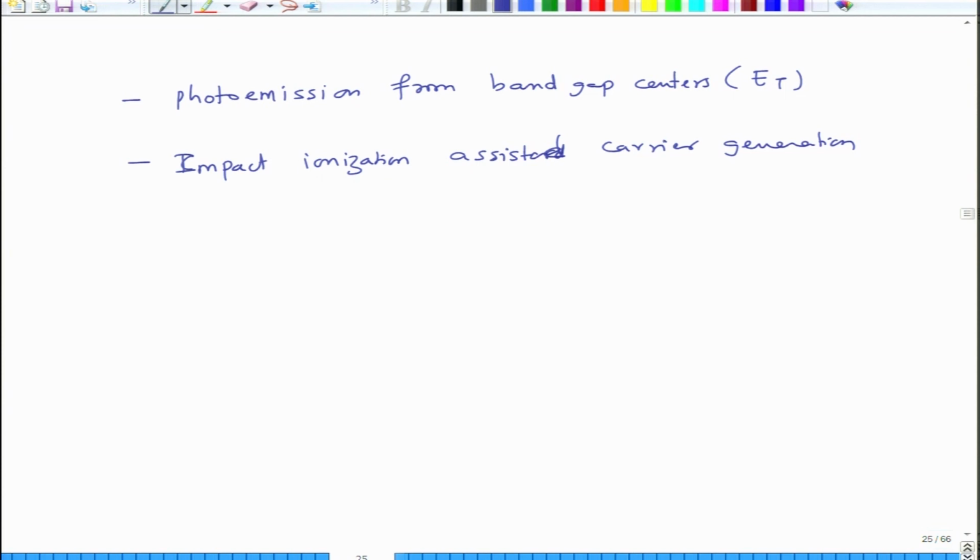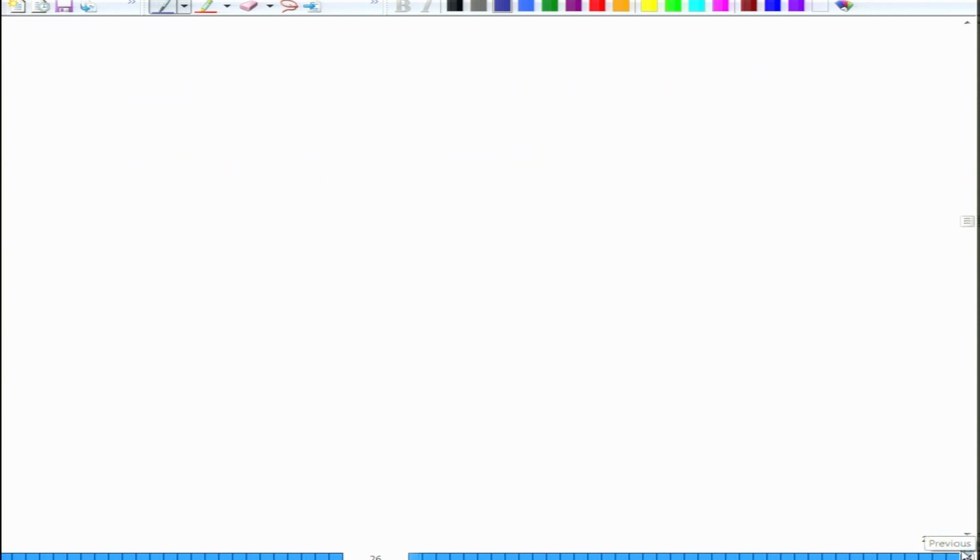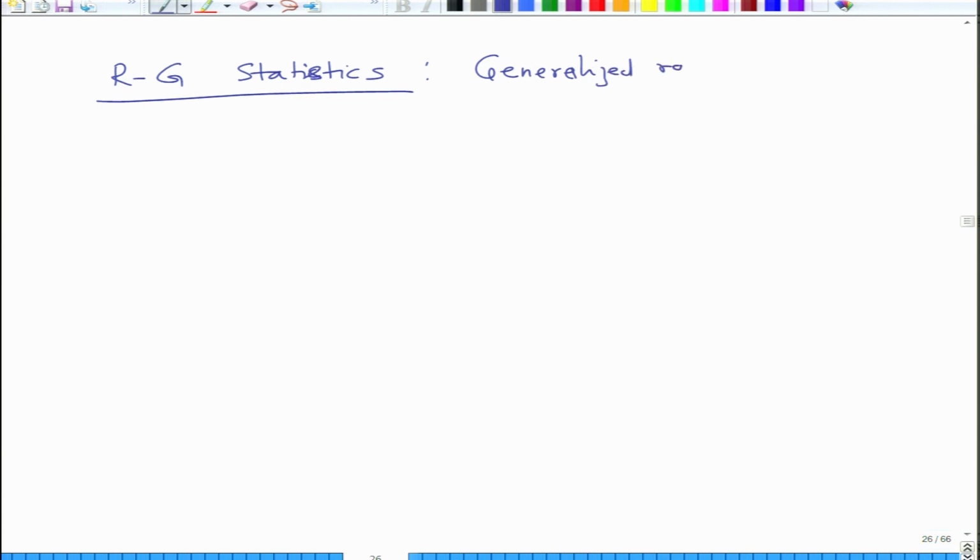How do we quantify them? For quantifying them, we have what we call RG statistics, which give us generalized rate relations, and bring some time dependence into the picture.